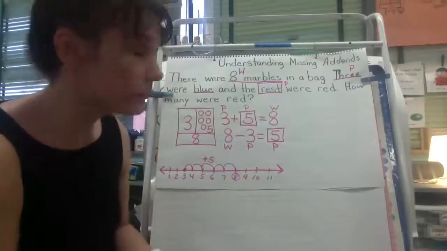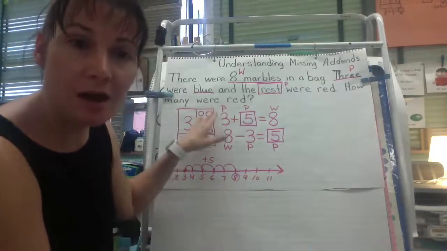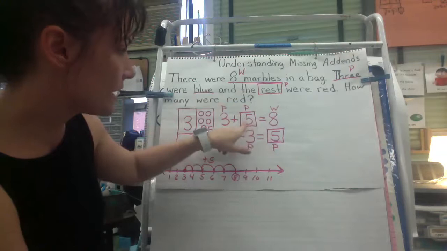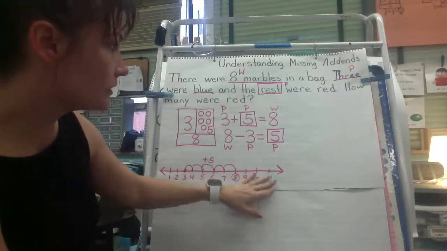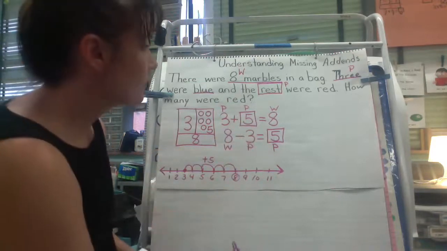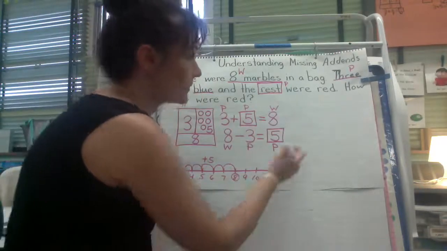So now I know that addition and subtraction can both work together to help me find our missing add-in in our problem. We found our missing add-in by showing our part whole, our number line, and we filled in what was missing.